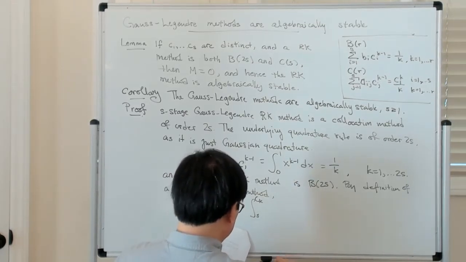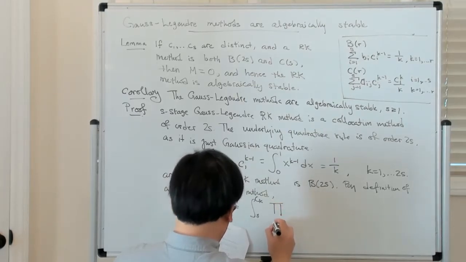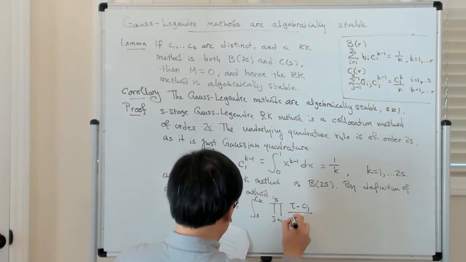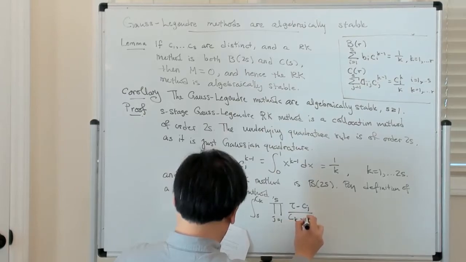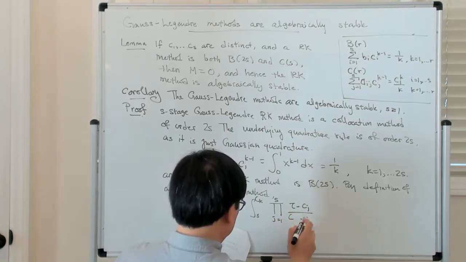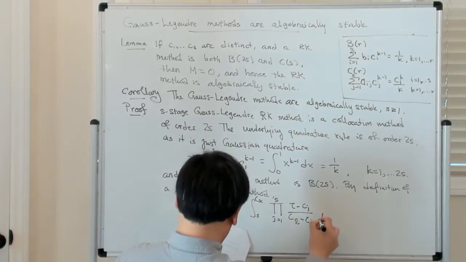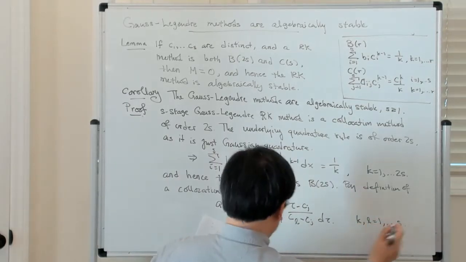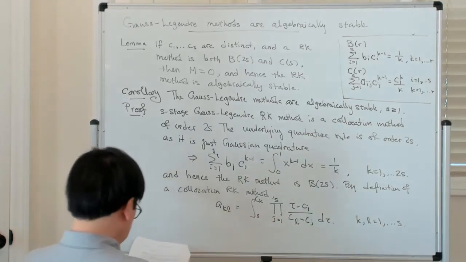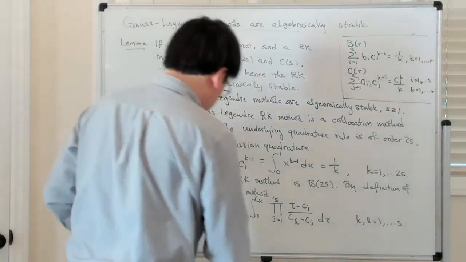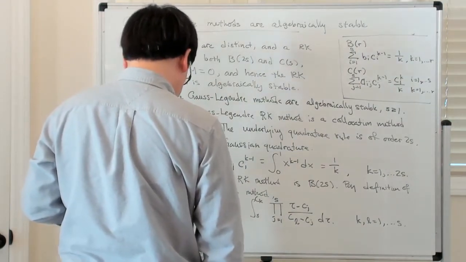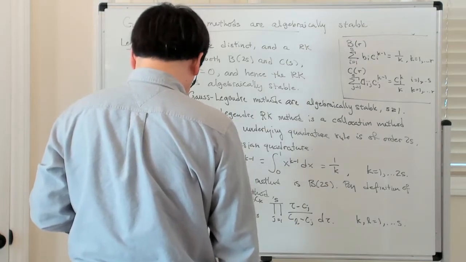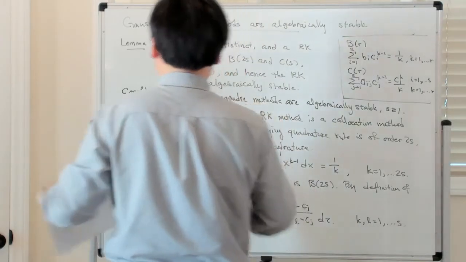I'll write this as the product from j equals 1 to s, j not equal to l, of (tau minus Cj) over (Cl minus Cj) d tau, and this is for k and l from 1 to s.